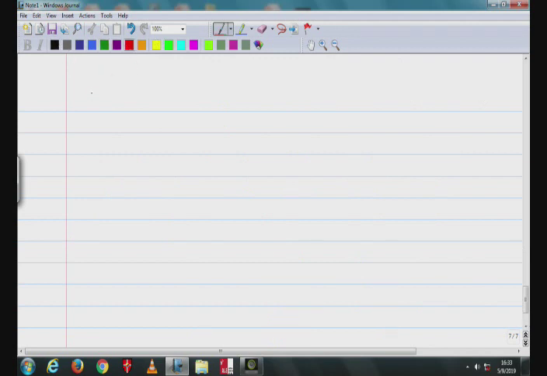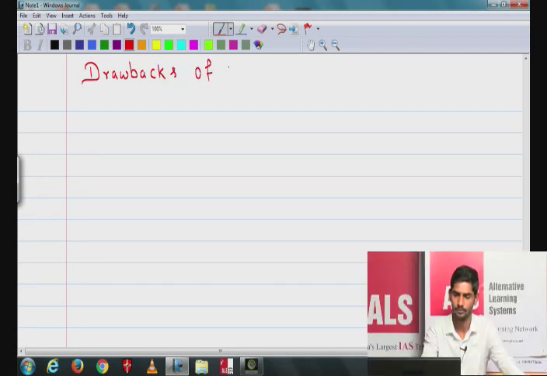Now, next is drawbacks of Bohr's atomic model.